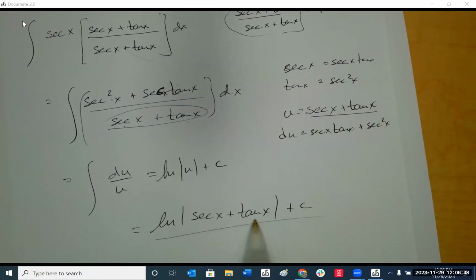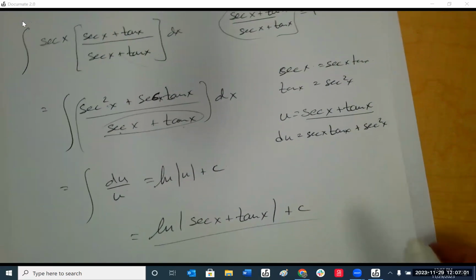Yeah, ln secant x plus tangent x. Okay. Yeah, that was a head scratcher kind of problem. Just got to try a bunch of stuff and see what sticks. And then yeah, see what you can multiply to it. But yeah, that one would have taken me a long time to figure out.